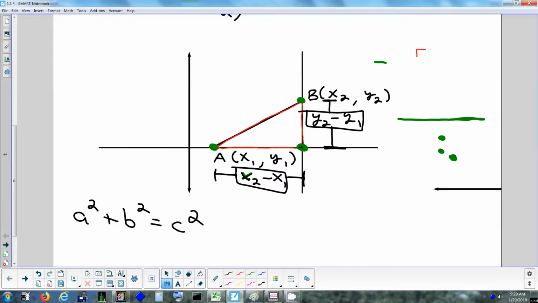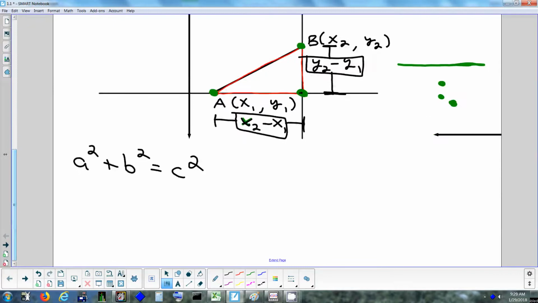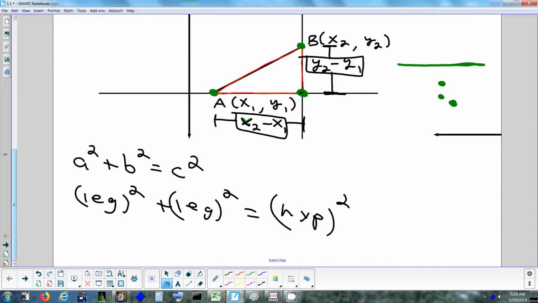See? Yes. So the idea of the Pythagorean theorem is leg squared plus leg squared equals hypotenuse squared. You can call the sides A, B, and C, Ralph, Larry, and Moe, whatever you want to call them. But whatever you call them, it's leg squared plus leg squared equals hypotenuse squared.